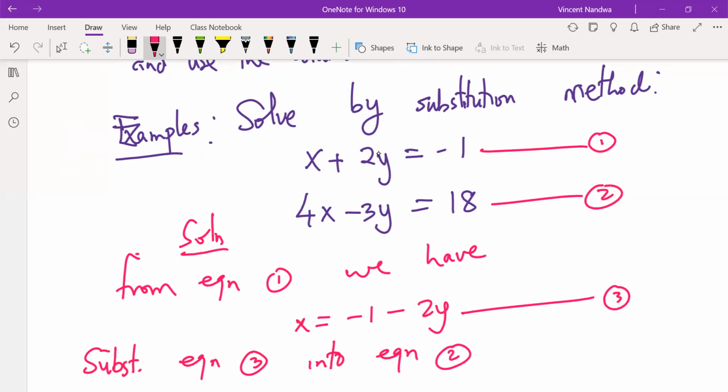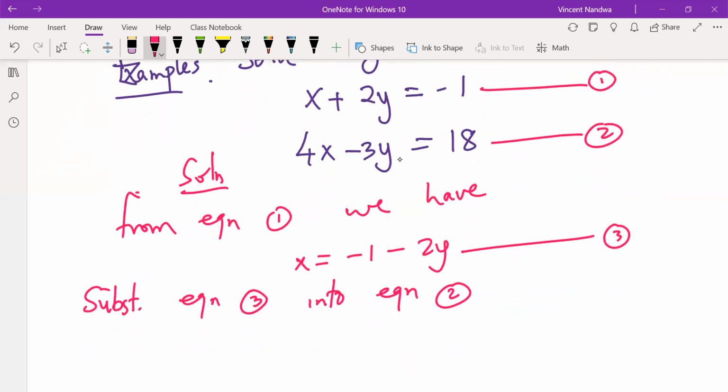So remember, step 2 was to replace the expression you have into the equation that wasn't used to get the new expression, i.e., where there is x it will be replaced by -1 minus 2y. So we'll have 4 times (-1 minus 2y) minus 3y equals 18.